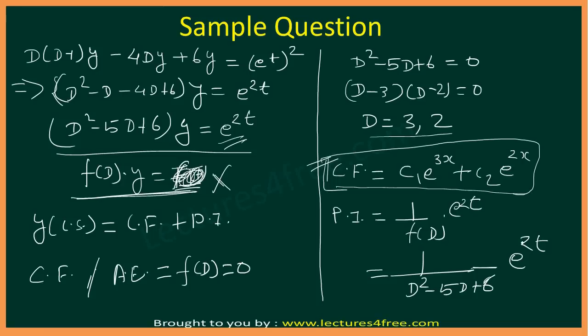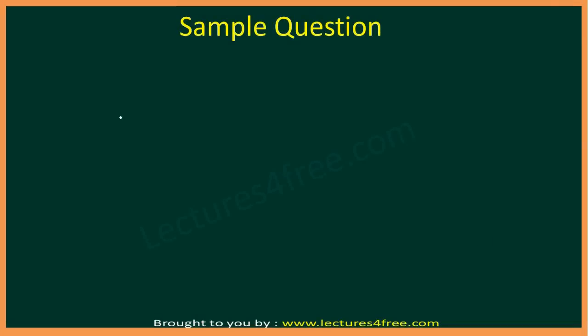When you replace D with 2, D square means 4 plus 6 means 10, and minus 5 into 2 means 10, so you will get 0. If you put 2 in your D, you get 0, so you cannot put 2.